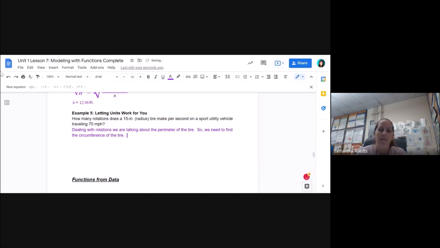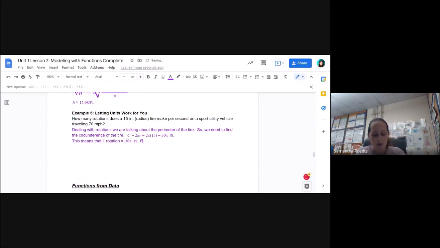Circumference is C equals 2 pi r. So that equals 2 times pi times 15, which equals 30 pi inches. So this means that one rotation equals 30 pi.